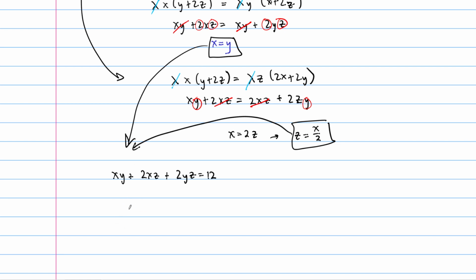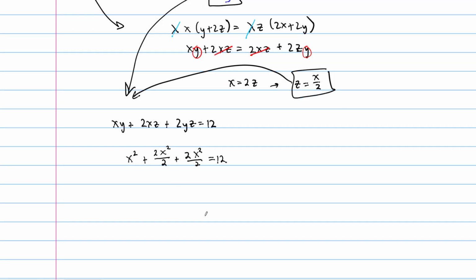If y is equal to x, this becomes x squared plus 2x times x over 2, so 2x squared over 2. Plus, with y equal to x and z equal to x over 2, this one is also 2x squared over 2. That's got to be 12. So 3x squared is going to equal 12. Well, that means x squared is 4, which means x is plus or minus 2.